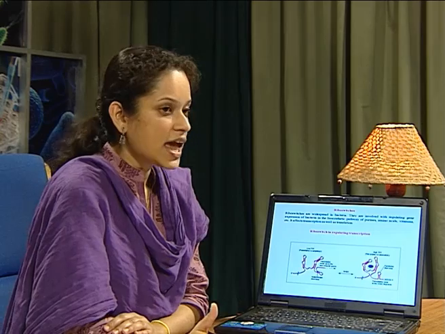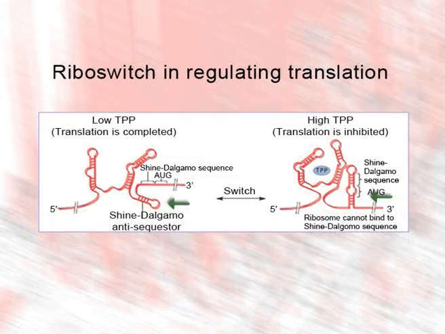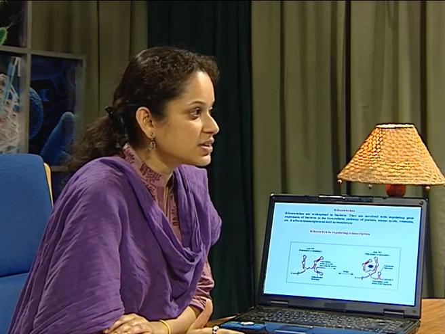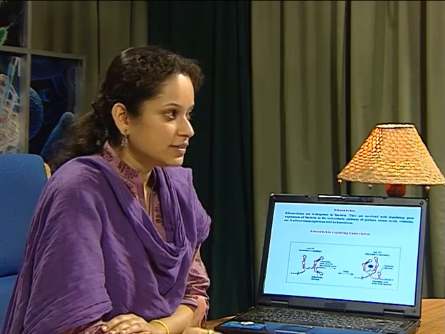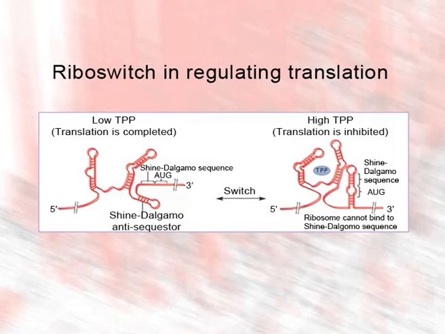As a result, mRNA may not be synthesized, or the mRNA may not be translated, if such a structure is formed near the Shine-Dalgarno sequence. As a result, they are known as riboswitches. So when the translation is to be switched on, the stem loop structure or such a structure is not found near the Shine-Dalgarno sequence of mRNA.